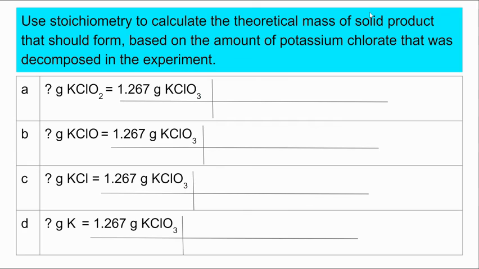We'll need to do our stoichiometry 4 times, once for each possible reaction, so that we can determine which reaction actually occurred using our experimental data. For each of your stoichiometry problems, you'll start with the mass of the potassium chlorate that was decomposed, and you'll be solving for the mass of the solid product based on your balanced reaction.